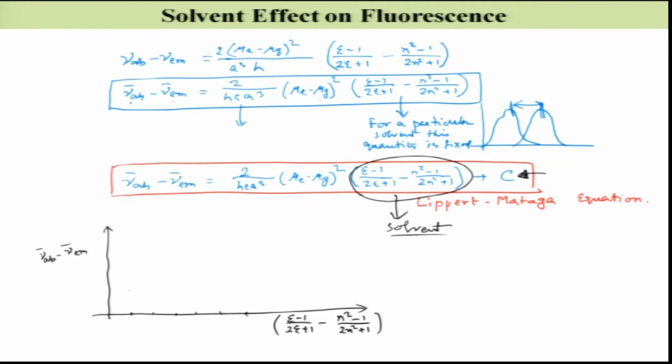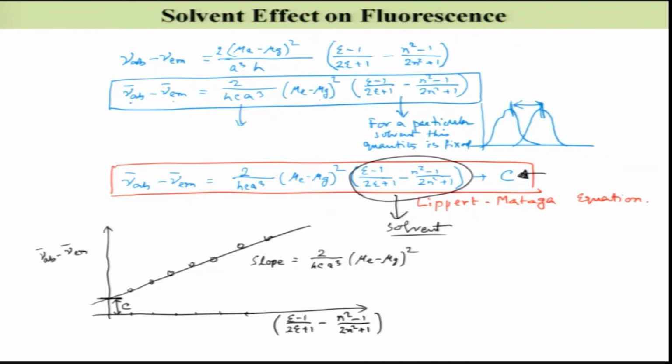I will get different points like over here, and that will correspond to a straight line where the intercept is equal to c, the inherent Stokes shift, and the slope will be equal to 2 by h c a cube into mu e minus mu g whole square.